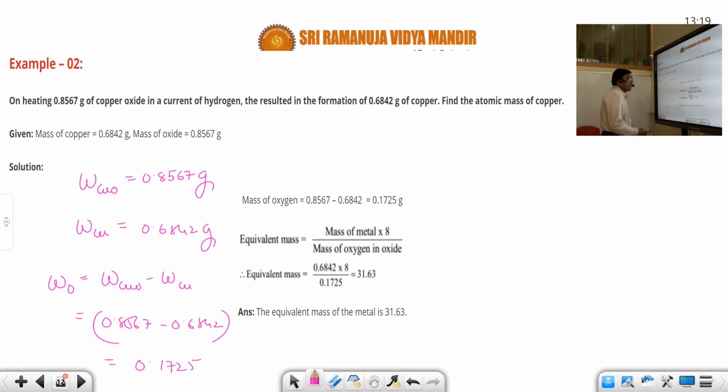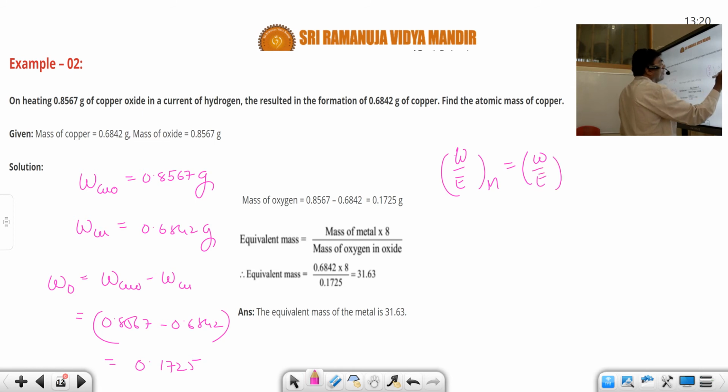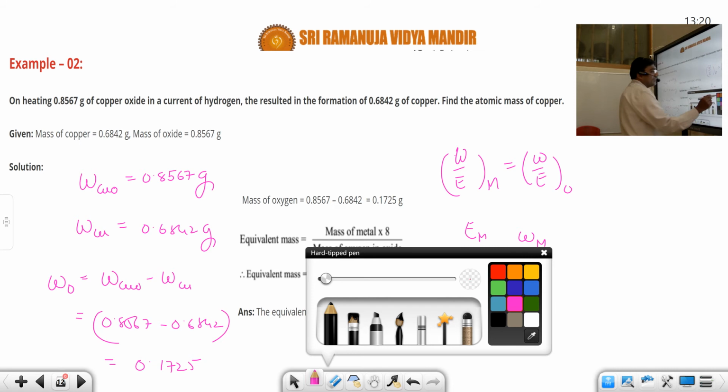Now it comes out to be 0.1725. So now same formula, number of equivalents. So weight by equivalent weight of metal is equal to weight by equivalent weight of oxygen. Now what is the formula? Equivalent weight of the metal by equivalent weight of oxygen is equal to weight of the metal by weight of oxygen. Now students, substitute it.